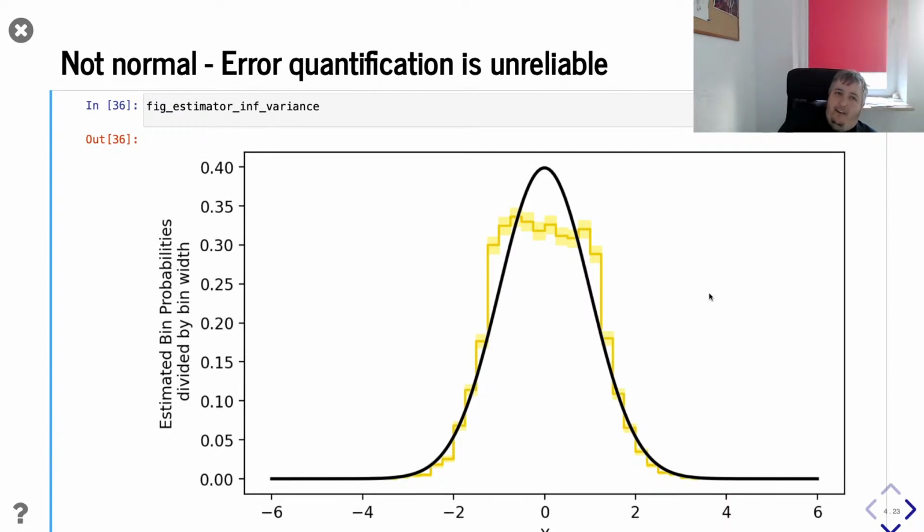Again, the uncertainty quantification is unreliable because our estimator is not normally distributed around the mean, because the variance of the function does not exist, and our estimator relies, as we defined it earlier, on the value of the variance. If variance is undefined or infinite, then we cannot compute it directly. The estimator of the variance will not work, and in consequence, the Monte Carlo standard error estimator will also not work for such computation.